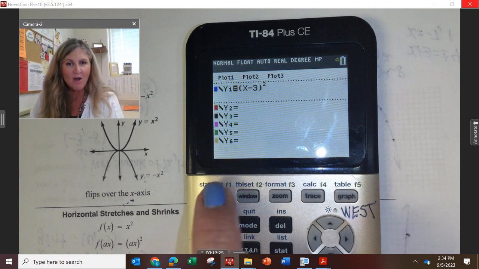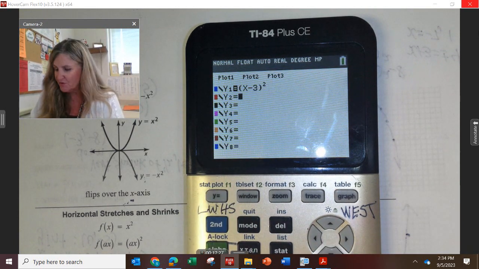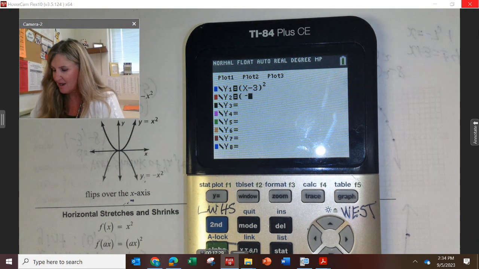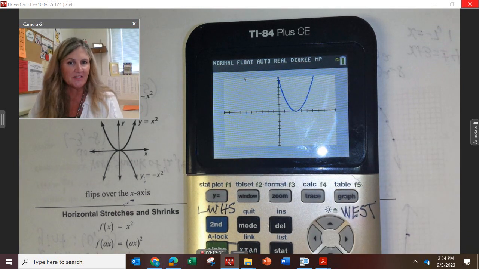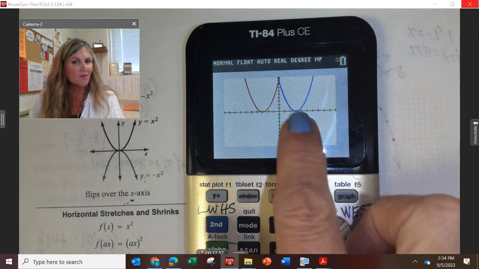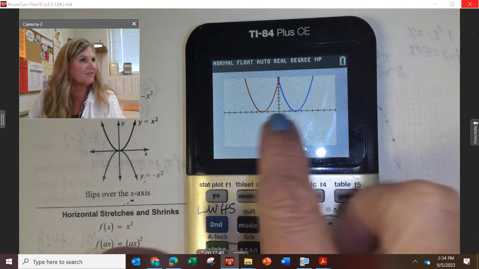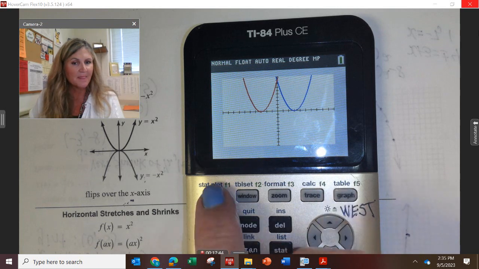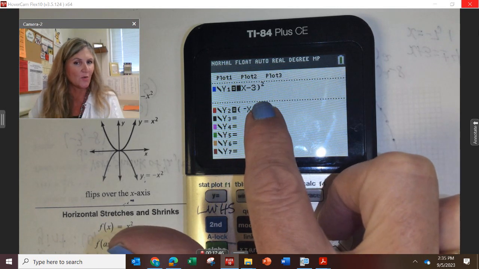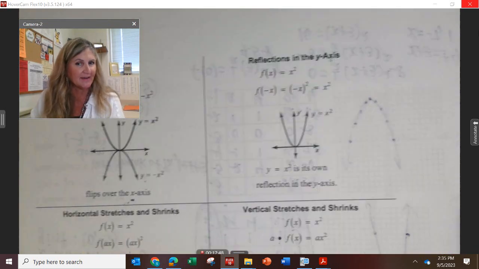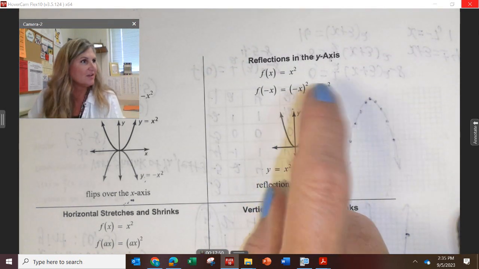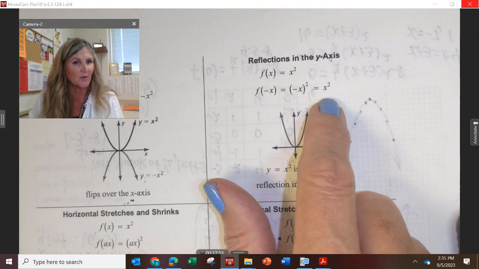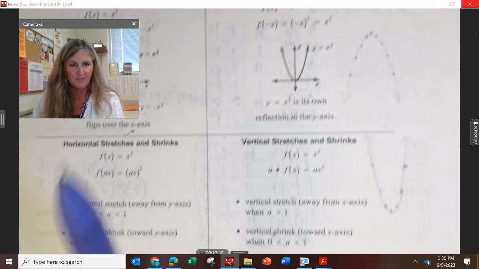But if I now reflect it over the y-axis, I replace x with negative x, and I don't change anything else, watch what happens. See how now that's a reflection over the y-axis. So on that, I'm not allowed just to square that negative like I can if it's just all by itself. So if it's by itself, I can just square it, but we can't otherwise.